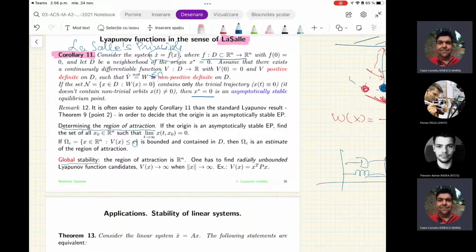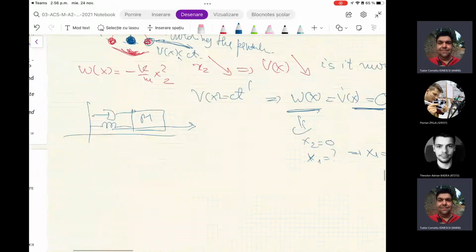Global stability means that the region of attraction is Rn, just like in the case of linear systems. So one has to find radially unbounded Lyapunov function candidates. That's why for linear systems it's always true, because linear systems have this type of Lyapunov functions, quadratic functions.